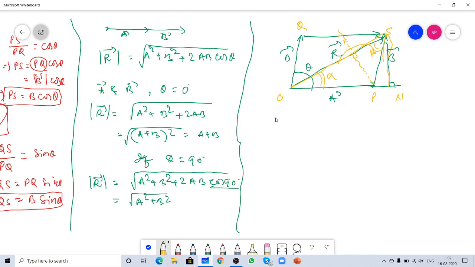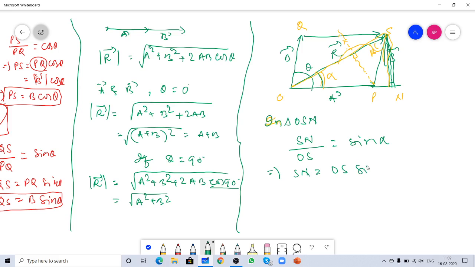So in triangle OSN, it's a right angle triangle, so we can write, this is alpha, so SN by OS is sine alpha, sine being P by H. SN is P, H is OS, or we can write SN is equal to OS sine alpha.